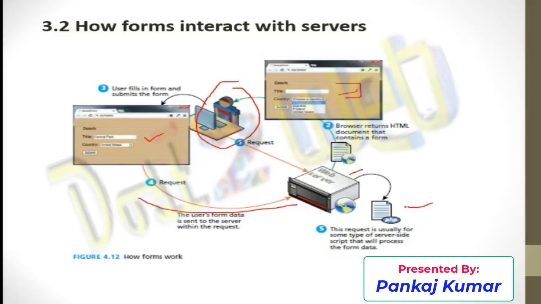So again in the PHP there will be a display. There will be 6 steps, and the display will show your title, country, whichever country you have selected. This way we generally design the HTML form, and this way it interacts with the servers.